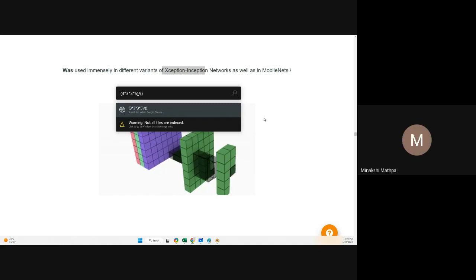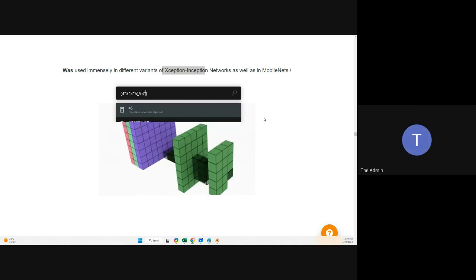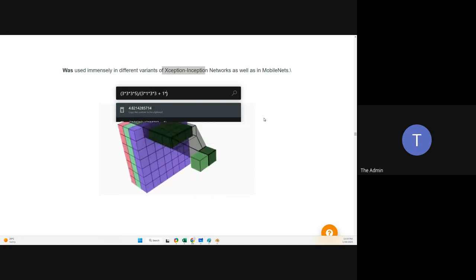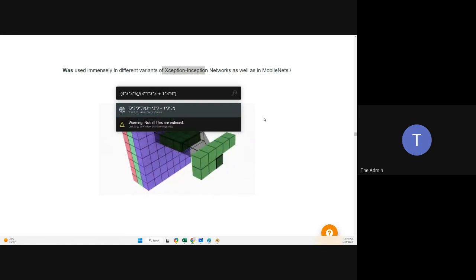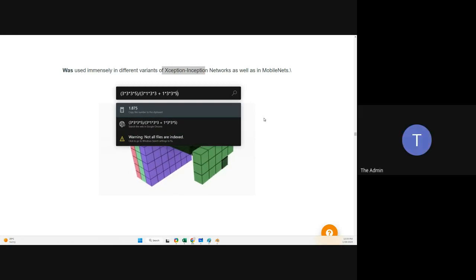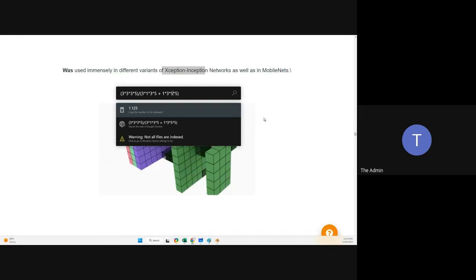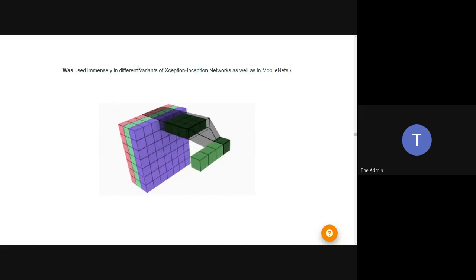Now we have 3 cross 1 cross 1 cross 3 cross 3 plus 1 cross 3 cross 3 cross 5. You see a reduction of 1.8. But if this was not 3 but 5, then you can see the reduction is not that much. So we are going to keep this as the input number of channels only.